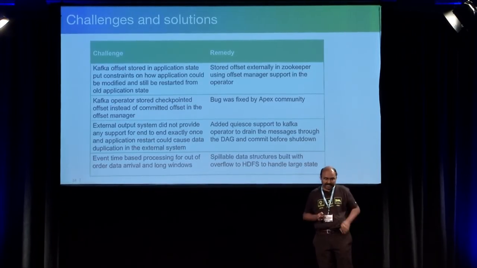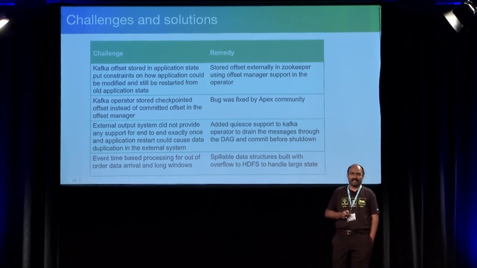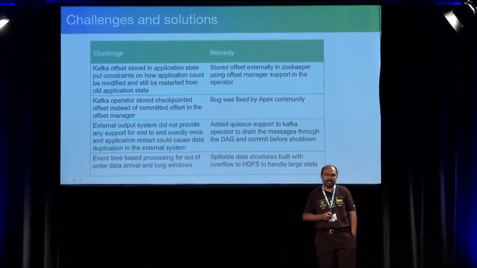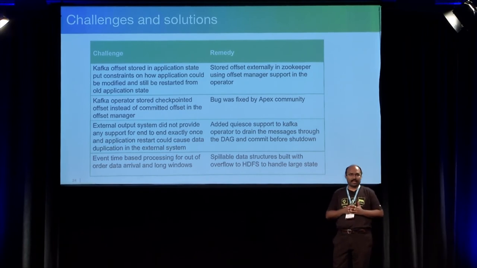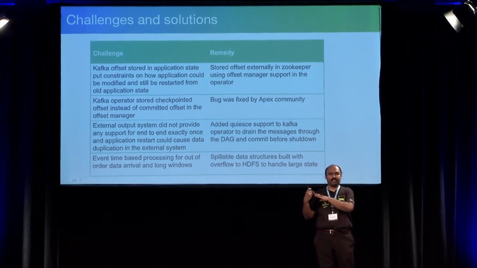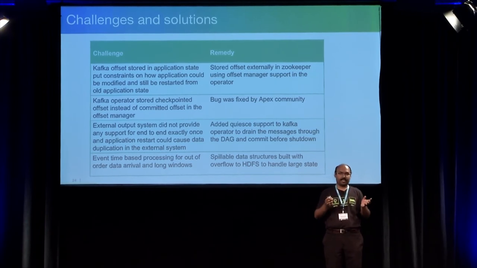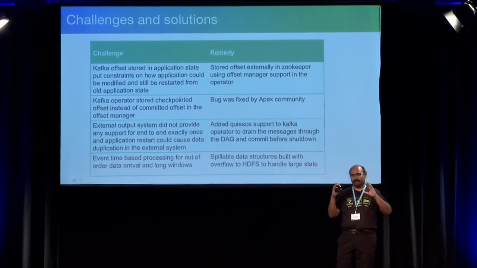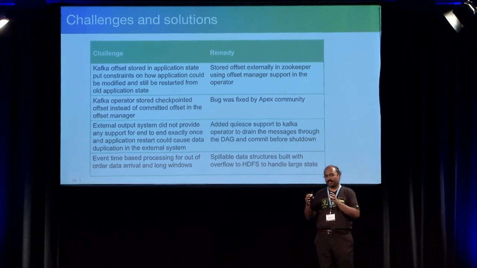Some of the challenges that we faced during this: GE basically wanted to be able to shut down an application and restart from a new version of DataTorrent. Essentially, let's say they have built an application, they want to be able to upgrade it and restart.